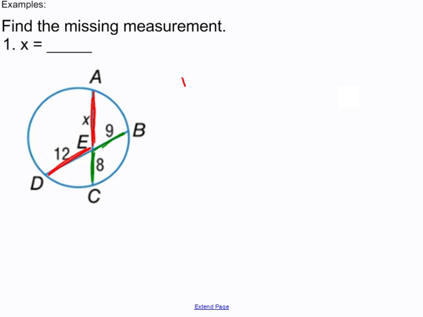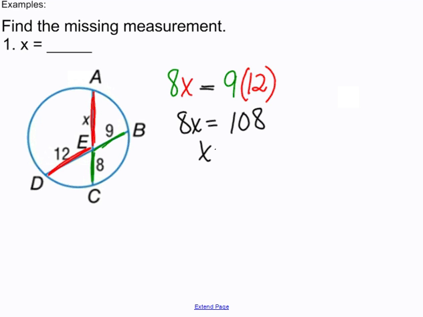We've got x times 8 equals, let's say, 9 times 12. So we just put those numbers together. We get 8x equals 108. So x equals 13.5.